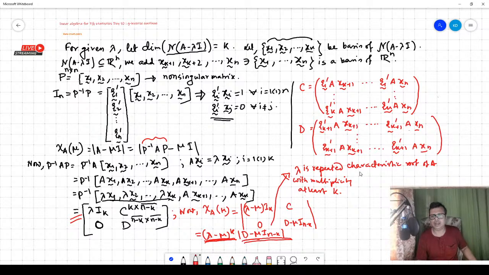So that's why I write lambda is a repeated characteristic root of A with multiplicity at least k.